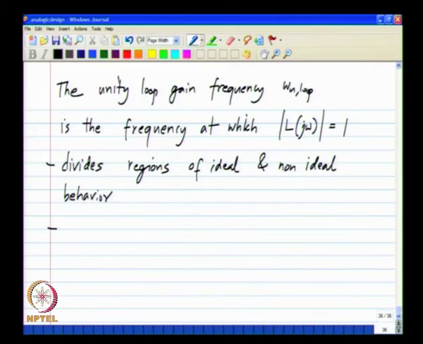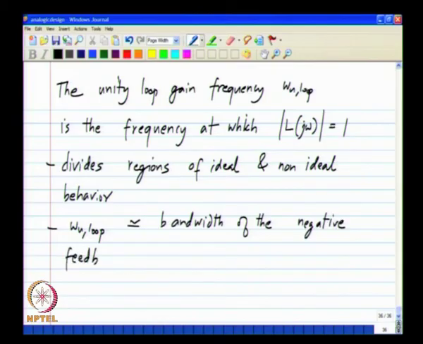And that is why omega u loop typically is the bandwidth of the negative feedback system.